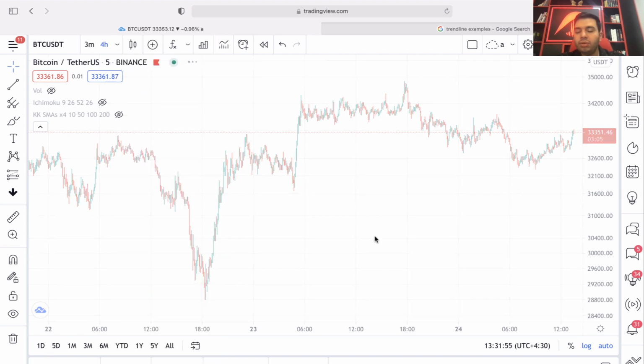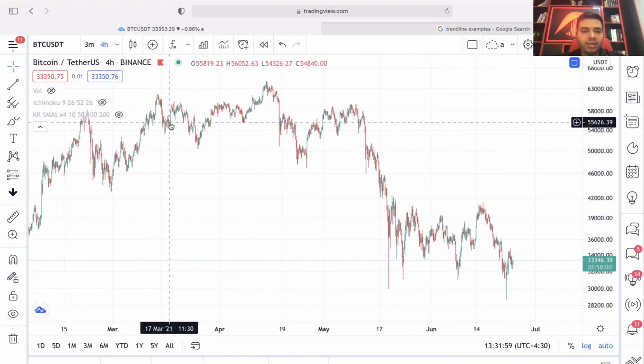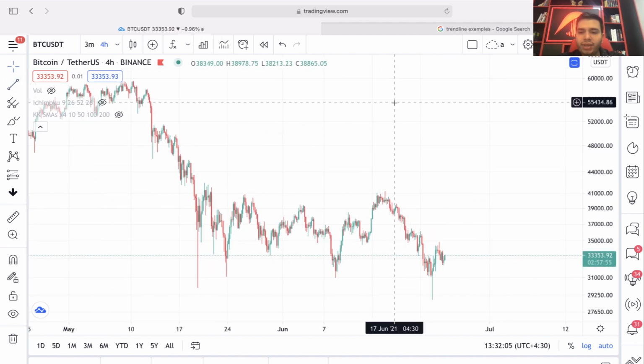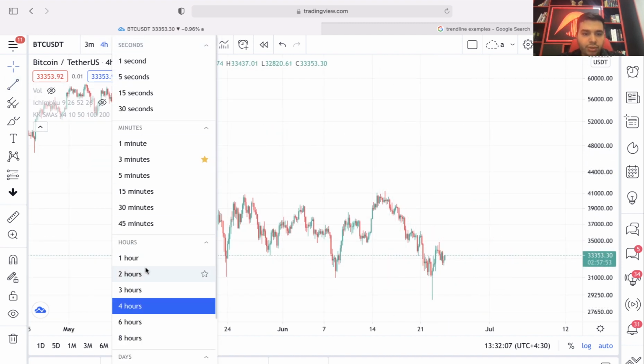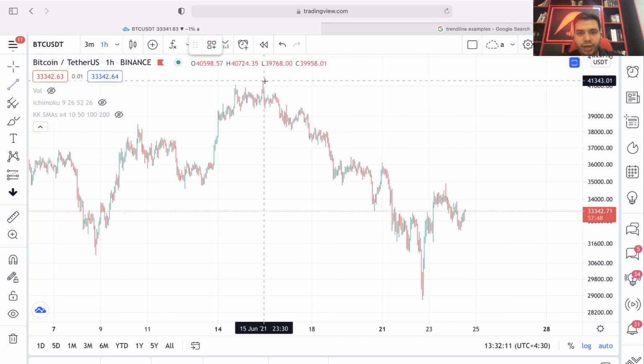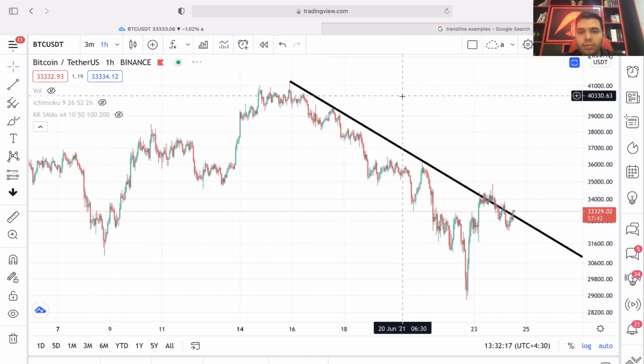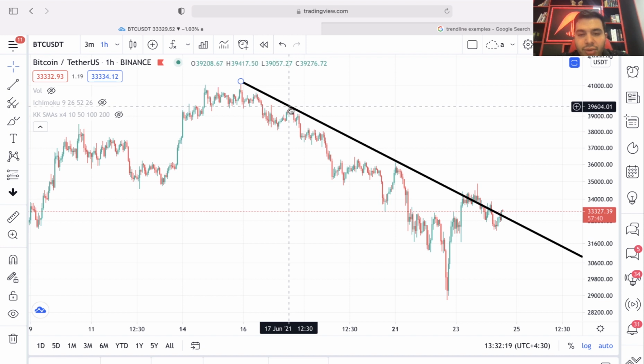I'm going to take a look at higher time frames, for example 4-hour time frames. Now we can actually draw so many trend lines. Okay, for example, here from the higher shadow I'm going to choose another shadow here.